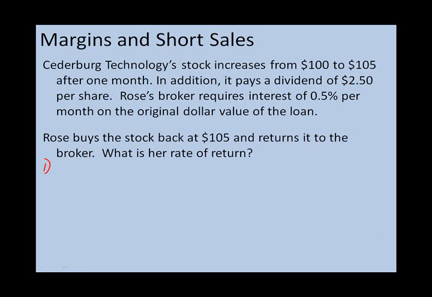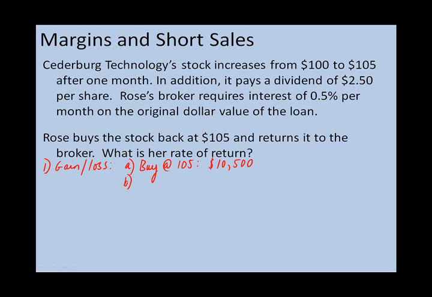We're going to start again by considering first of all the gain or loss. So Rose has to buy back the stock at 105. That's going to give us a cost of $10,500 to buy back 100 shares.